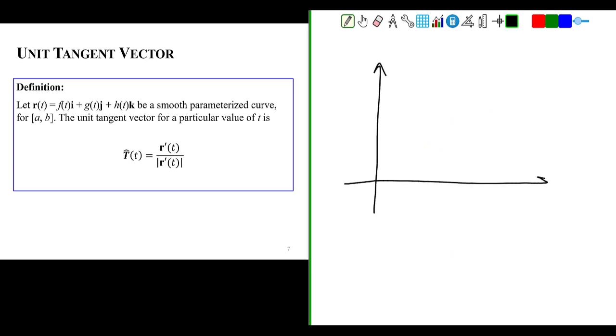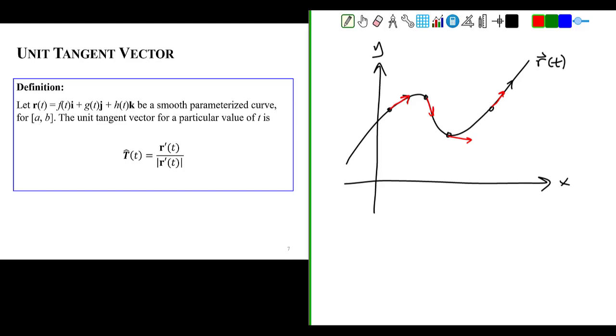Suppose we have a vector function that can be described by this curve. And we want to look at the unit tangent vector at various points along this curve. Well, the unit tangent vector, remember, is a vector of magnitude 1 that is tangent to the tangent lines at each point on the curve.